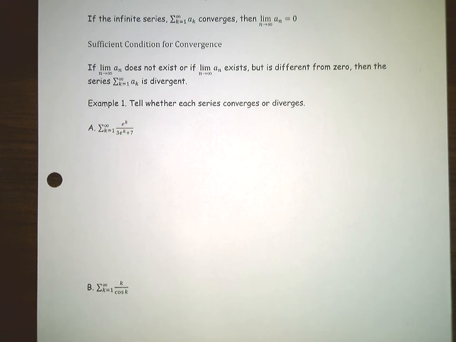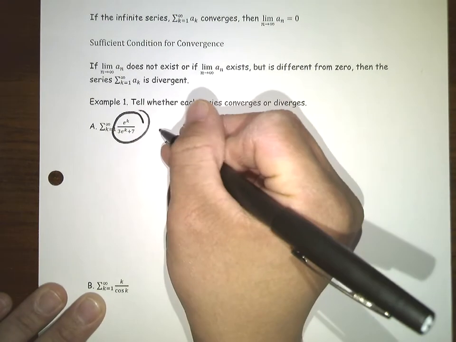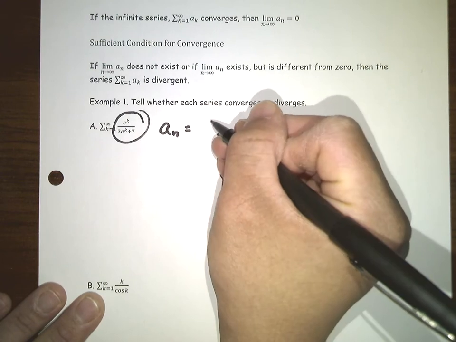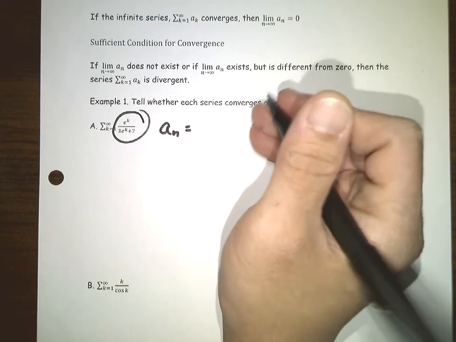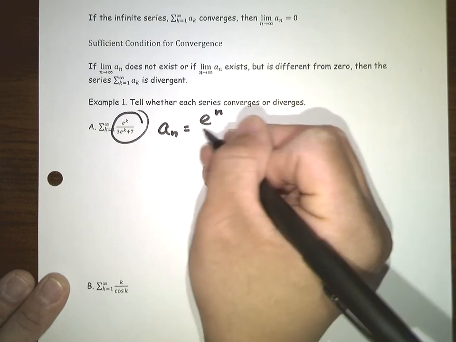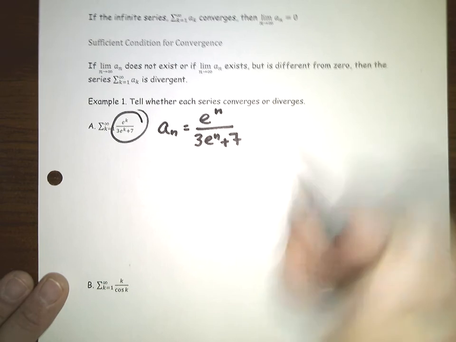So the first one here, what we're going to do is start by figuring out whether the limit is equal to 0 or not. So this is a_k, so a_n for this series would be e^n over 3e^n plus 7.